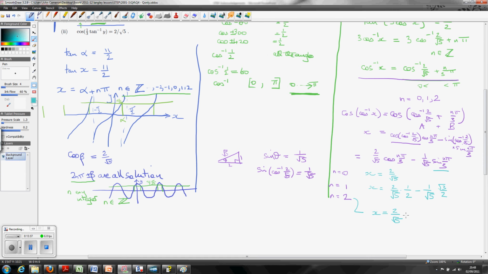That will be minus a half. Minus 1 over root 5 sine of 120 degrees, which is also root 3 over 2. And this is equal to minus 1 over root 5 minus 1 over root 5 times root 3 over 2.